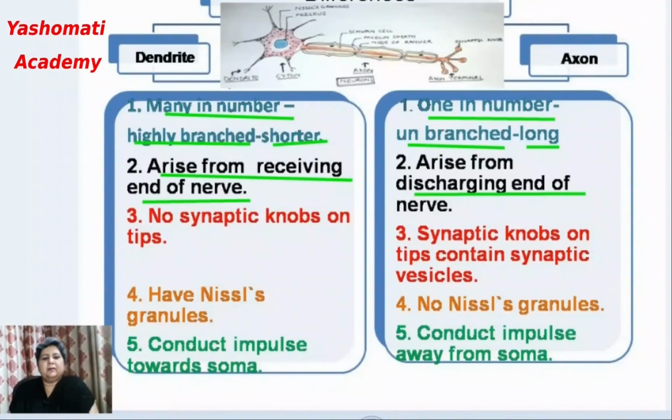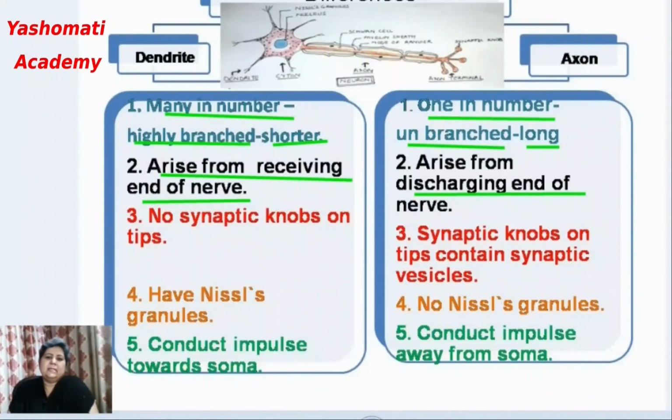The discharging end of the nerve means the part where the stimulus is to be passed on. We know that the information passes in the neuron in one direction only. That means it passes from dendrite to cyton, cyton to axon, and axon to nerve ending. Because of that we can say that axons are towards the discharging end of the nerve.